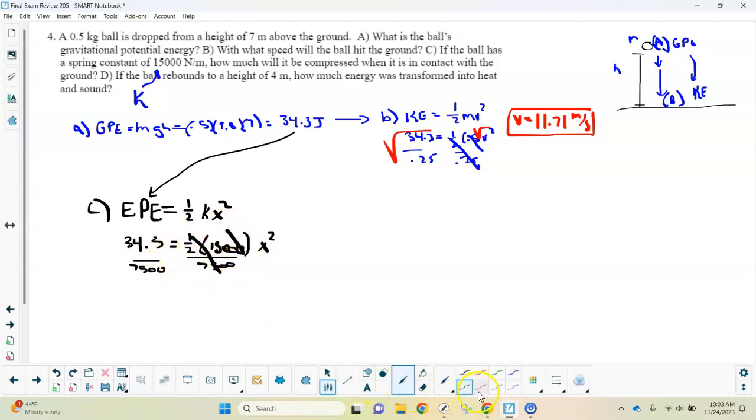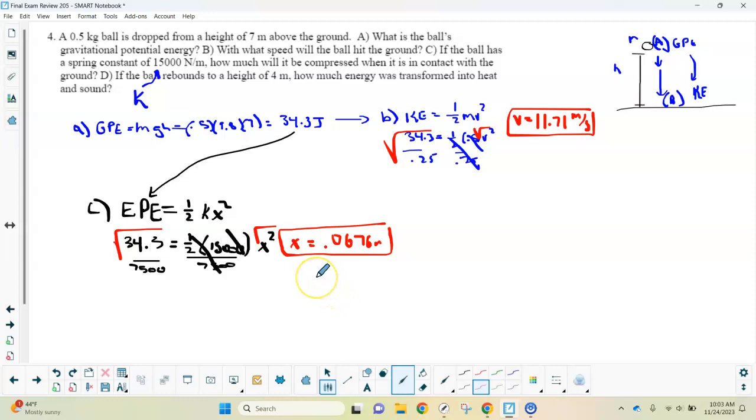And then we're left with very similar to what we have over here. We got to take a square root because we want x, not x squared. So when you do that, you get x is equal to 0.0676 meters. So about 6 to 7 centimeters, which is probably pretty accurate for a ball, even if it's like a big ball, like a basketball. It doesn't compress that much.